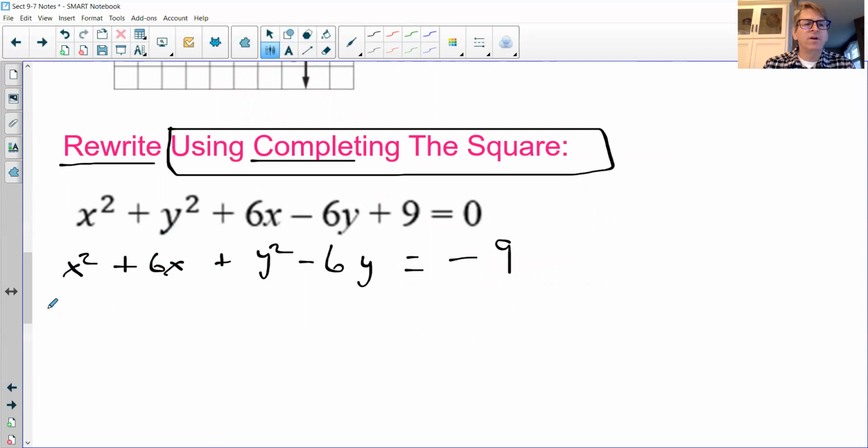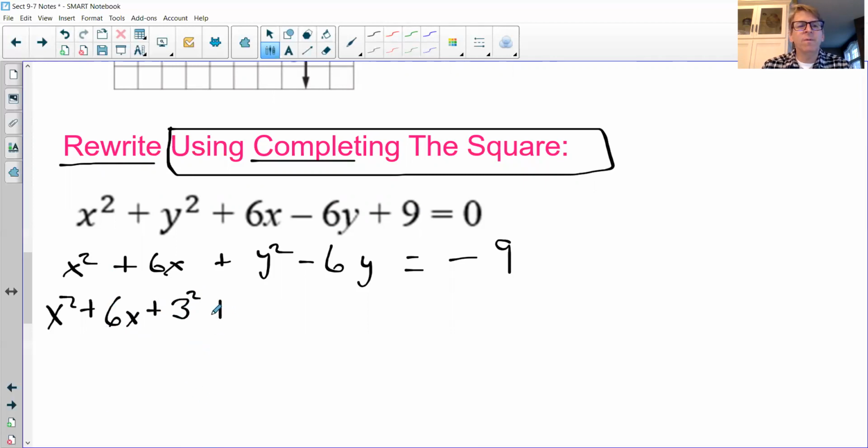So to complete the square, we take x squared plus 6x, and we half that 6 to get 3, and we end up adding the 3 squared. Now I'm not going to change it to 9 because we're actually completing the square, and we're going to do some factoring down below here.